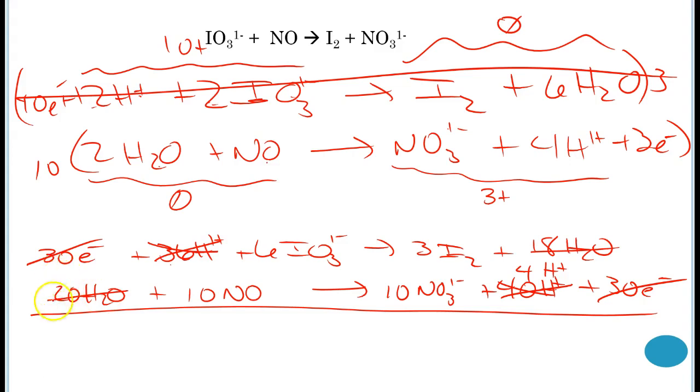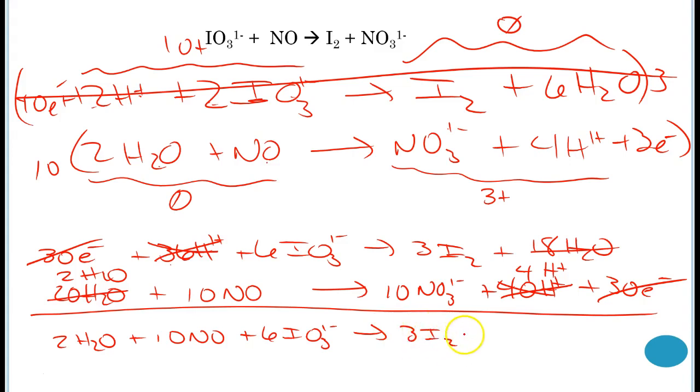That leaves me with a net of 2 waters. So when I add them together, I get 2 water, 10 NO, 6 IO3 1- goes to 3 I2, 10 NO3 1-, and 4 H+.